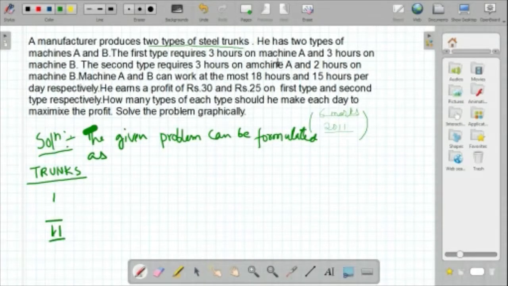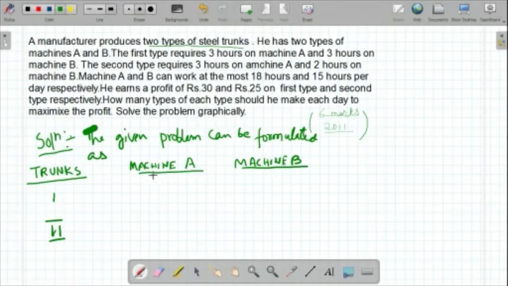There are two types of machines, A and B, right?